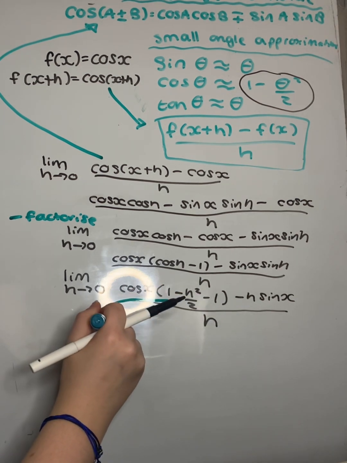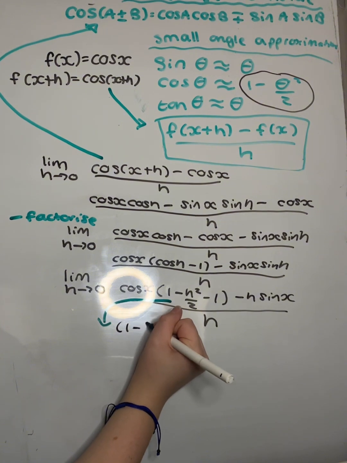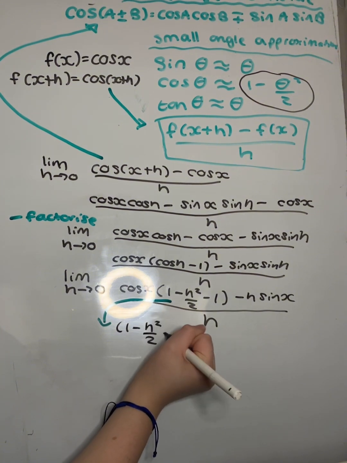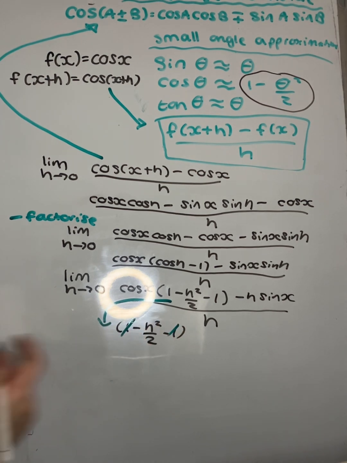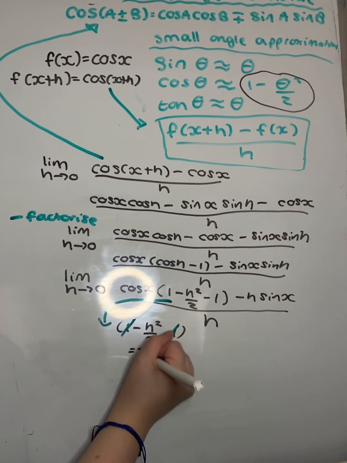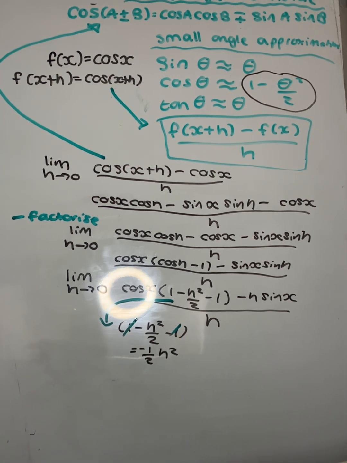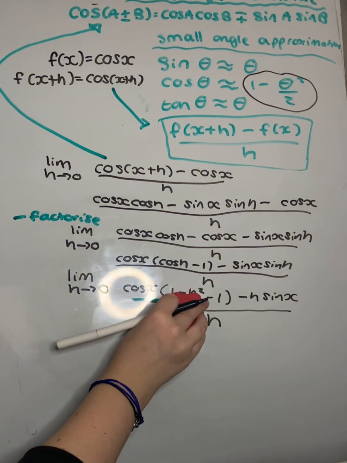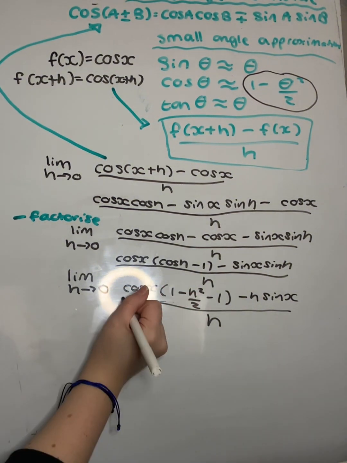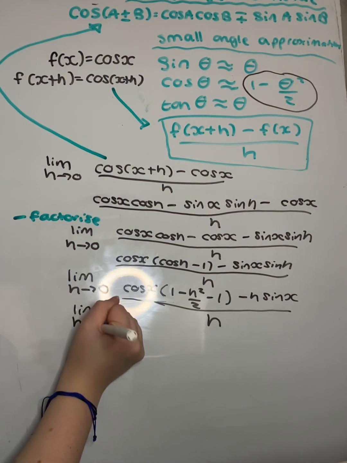Next, I'm going to simplify this bracket. 1 minus h squared over 2 minus 1. The 1s cancel out, 1 minus 1 is 0, which just leaves minus a half h squared. Now we can just sub that back in.